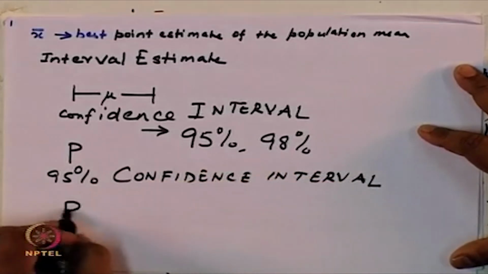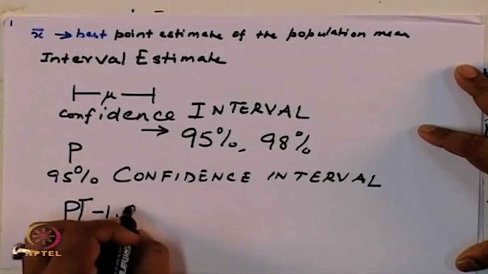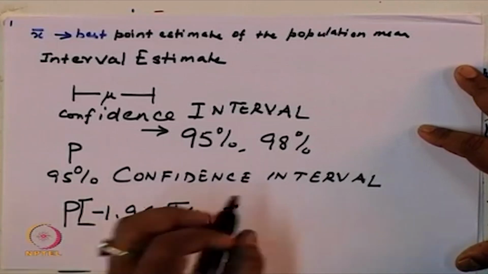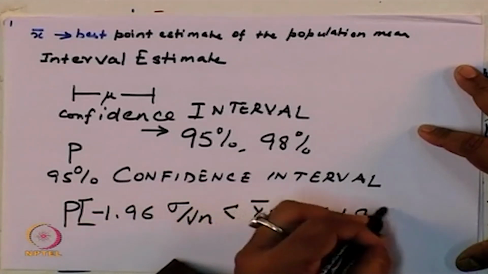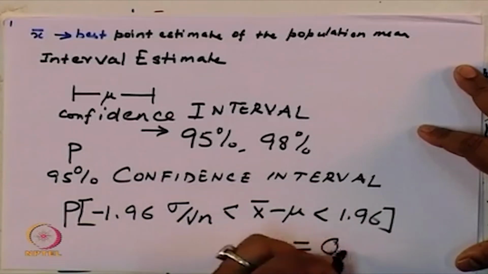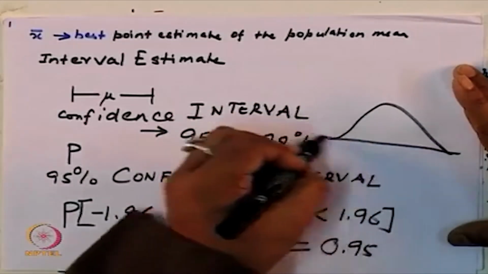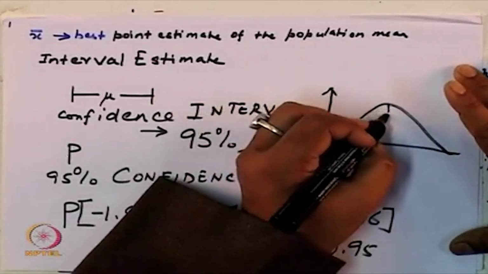We write down the probability of minus 1.96 sigma by root n less than x bar minus mu less than 1.96 sigma by root n, using the integral under the curve for the standard normal distribution.